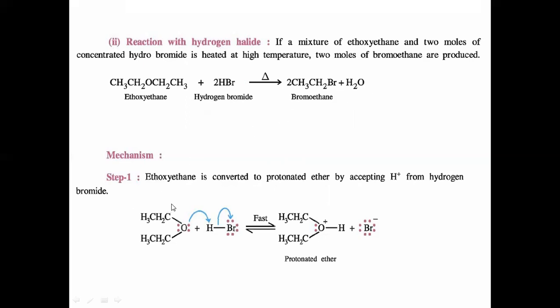The mechanism here: ethoxyethane is converted to protonated ether by accepting H plus from hydrogen bromide. So see here, ethoxyethane, you can write it in this format also, CH3CH2, with O, and again it is attached with CH2CH3.